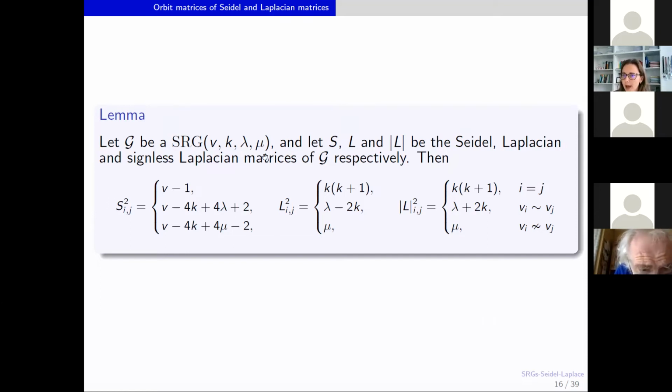And we have the Seidel, Laplacian, and signless Laplacian matrices of this graph, respectively. We can see that these square matrices have three different entries, depending on whether at the position we have the same vertex, whether two vertices are adjacent, or whether they are not adjacent. So it is always the case that we have these three entries.